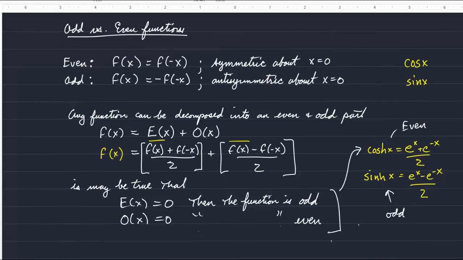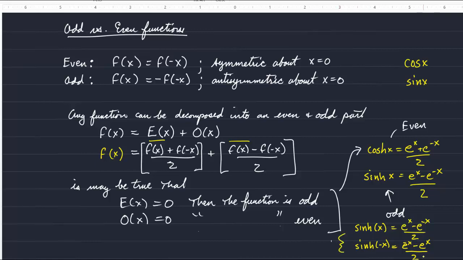Right? So for example, sinh of positive x is equal to e to the positive x minus e to the minus x over 2. And sinh of minus x is equal to e to the minus x minus e to the x over 2.